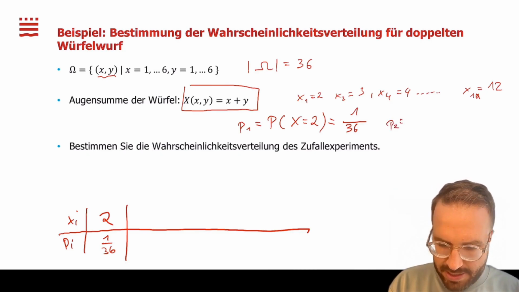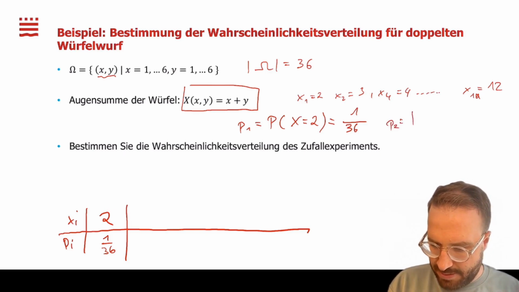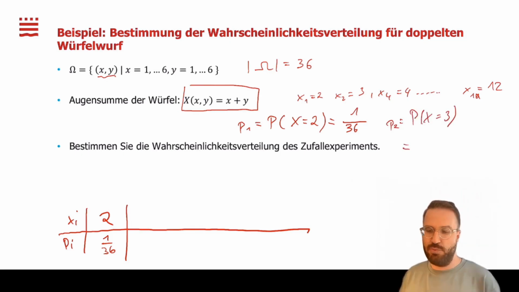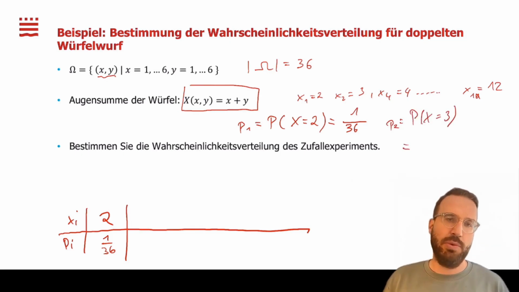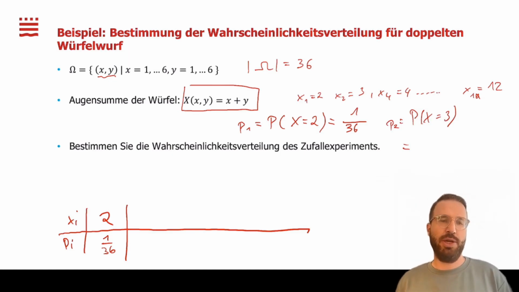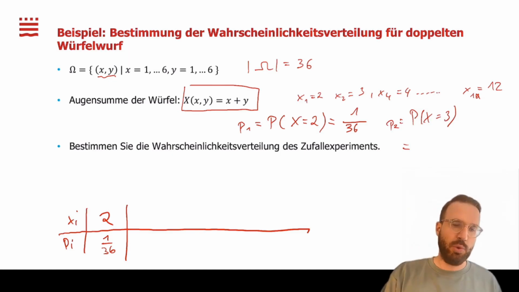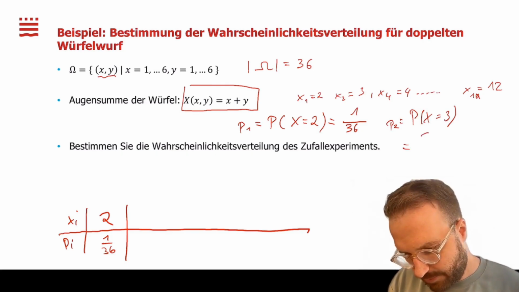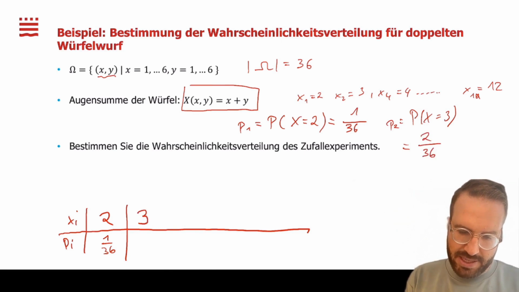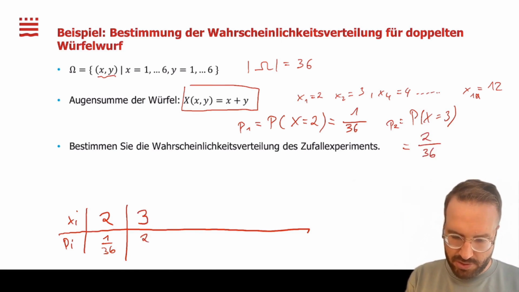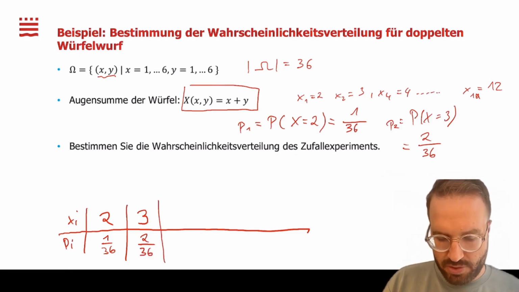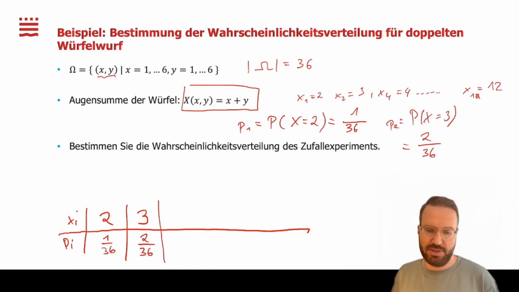Let's do a second example, p2. So P of x equals 3. We need to consider again how many ways there are to get the outcome of 3. There are two possibilities: 1 and 2, 2 and 1, so 2/36. That means if we have 3 here as a realization, we have 2/36 here, and you should think about the rest yourself.